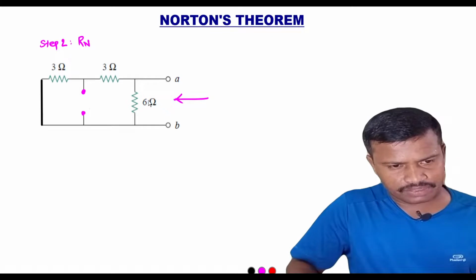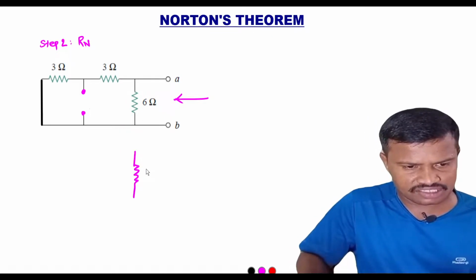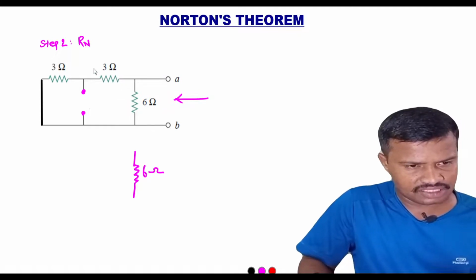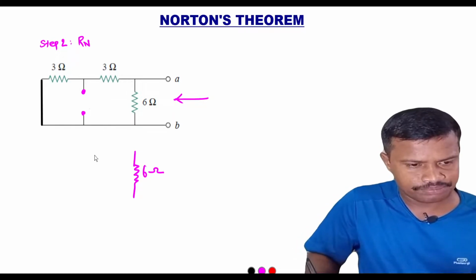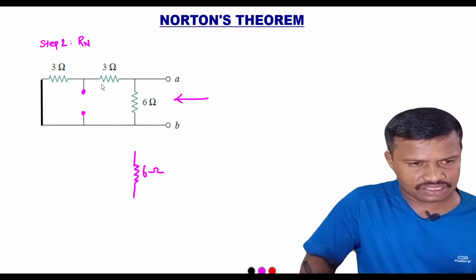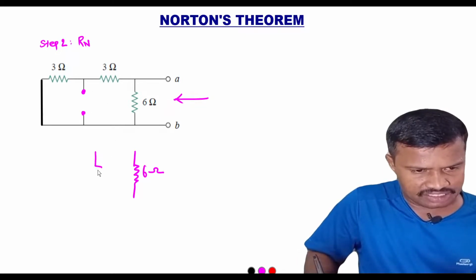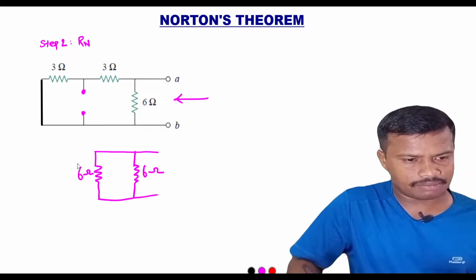So when we look from the circuit, we can draw the 6 ohm resistor as it is. This is the 6 ohm resistor, and here when we see in this circuit diagram, the 3 ohm and 3 ohm resistors are connected in series and in parallel with the 6 ohm resistor. When the resistors are in series, they will be added up, and the value of this series combination will become 6 ohm.